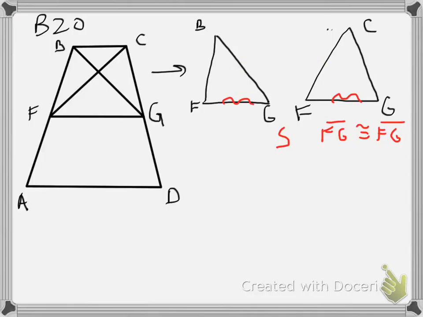Okay, we got another one here. It says B to G and C to F. And then it said BGF and CFG. So that's what they gave us. Is that enough?